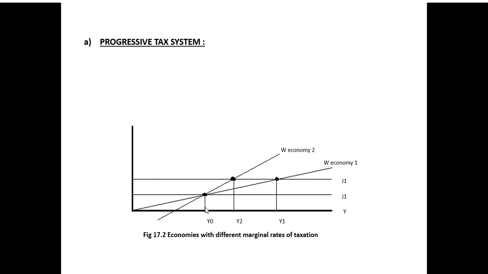So we both started from this income level, but the same level of injection caused higher income increases in economy 1 and lesser income increases in economy 2, because the propensity to tax in the first economy is less and the propensity to tax in the second economy is more.